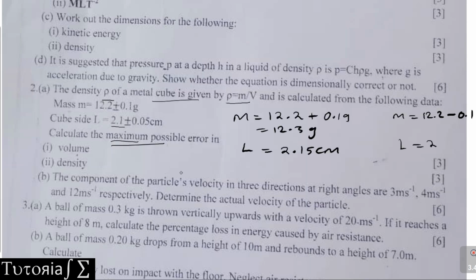So now what we're interested in is the maximum part. You're asked to find the volume. Are we able to use this formula here, or we're going to use this right here to find the volume? So volume equals L to the power 3 for a cube.